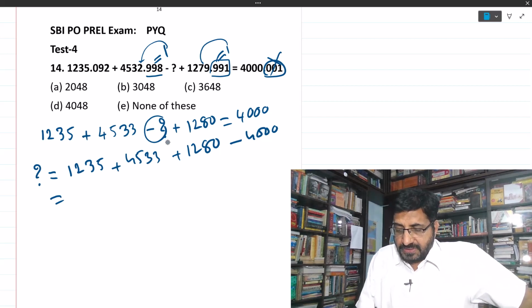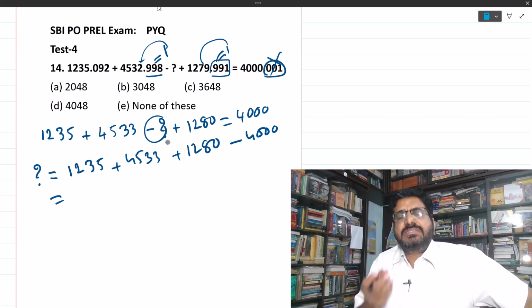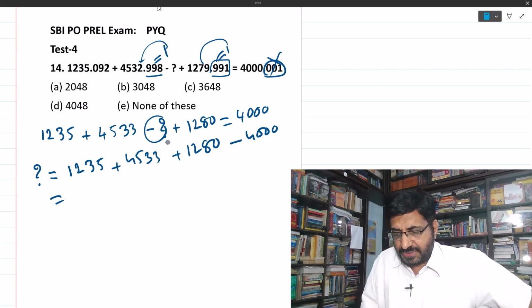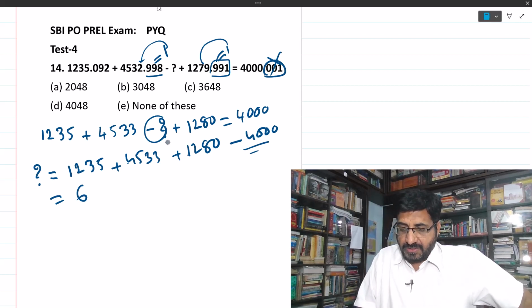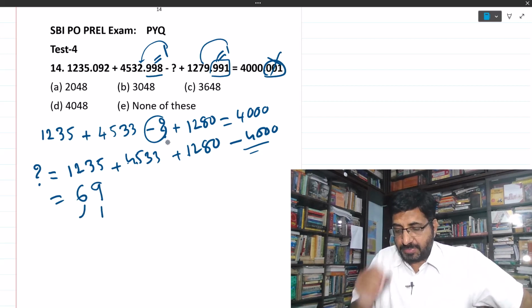1235 plus 4, you add thousands, hundreds and tens together so that it will become fast. 1000, 4000 and 1000, 6000 are there. This we can subtract later. 200, 500, 700 plus 200, 900. This is the thousands place, this is the hundreds place.